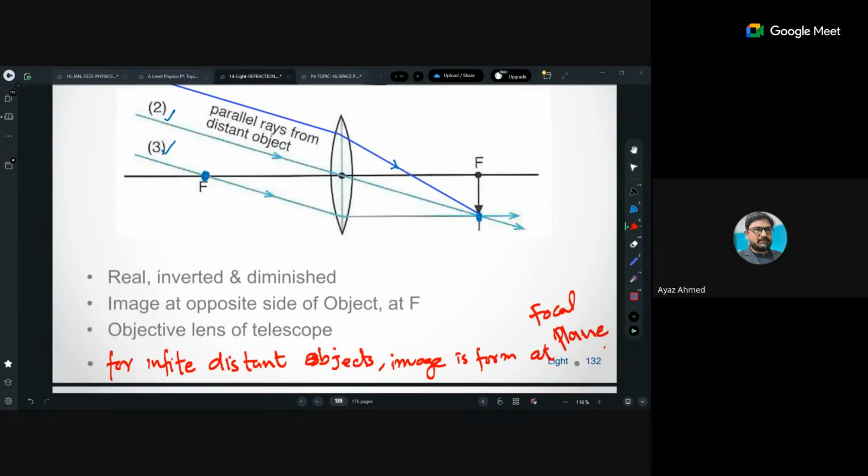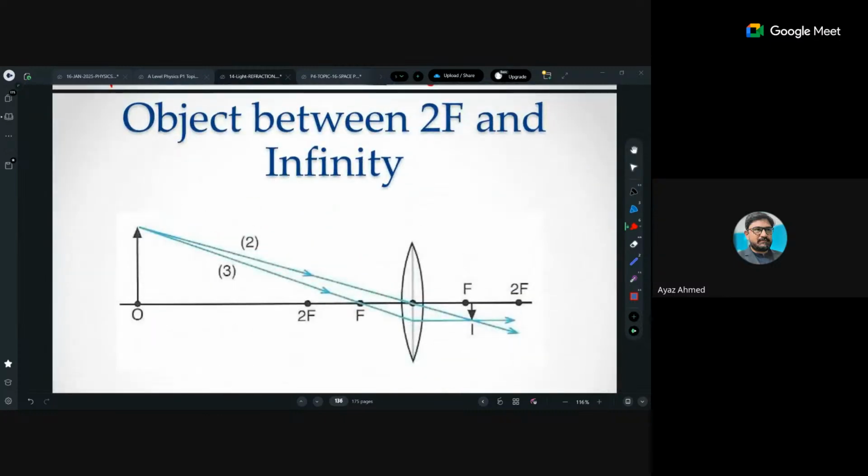Okay, so now we will talk about the objects at different positions. This is really important, and we have to move on step by step. When the object is between 2f and infinity, what does 2f mean? The distance from the principal focus to the optical center is your f.